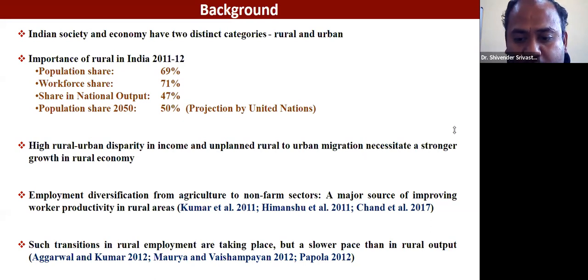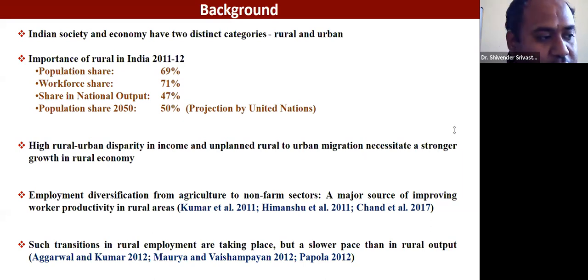There have been many studies, and there is almost a consensus among scholars that employment diversification from agriculture to non-agriculture is a major source of improving worker productivity in rural areas.